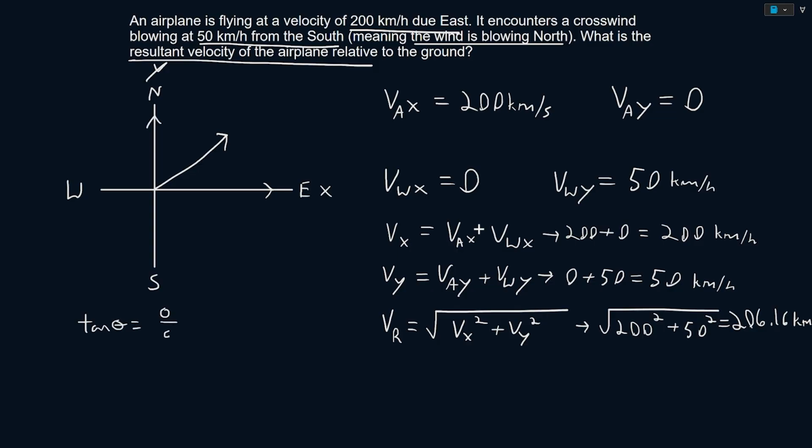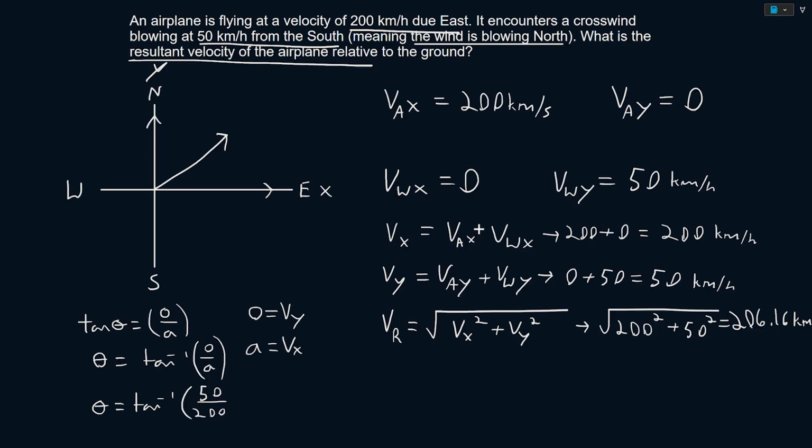and theta is equal to the inverse tangent of the opposite over adjacent legs. Our opposite leg is equal to the y component of the velocity, and our adjacent leg is equal to the x component. Plugging in, we get that theta is equal to the inverse tangent of 50 over 200, which equals 14.04 degrees.